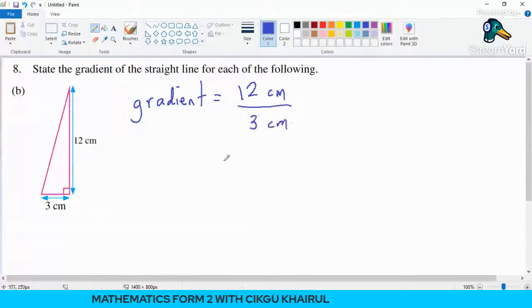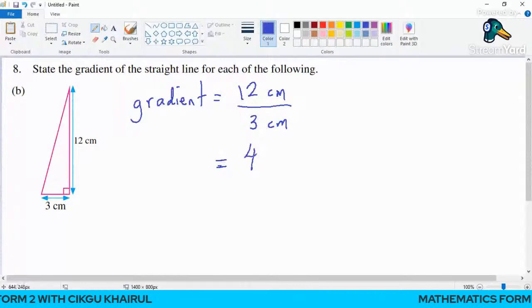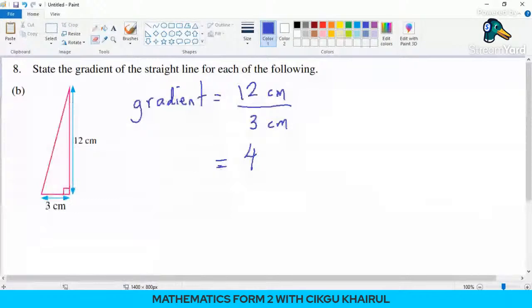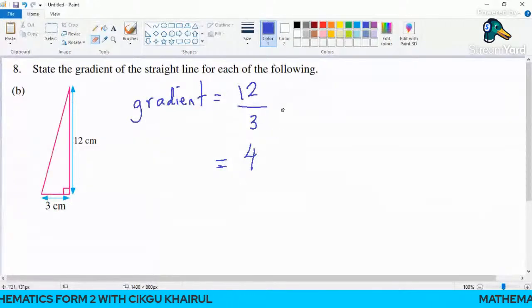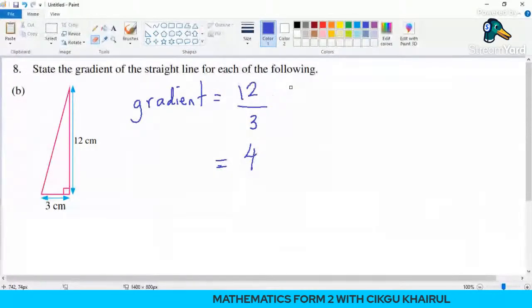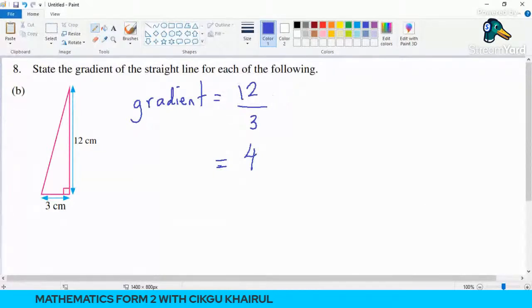And the answer is 12 divided by 3 is 4 and no unit. If you don't want to write the unit, no problem, you can write the number only, because the final result, gradient, has no unit. So for B, the answer is 4.